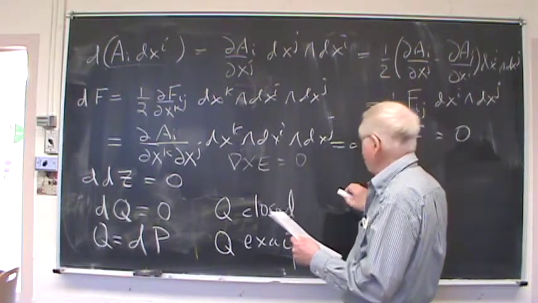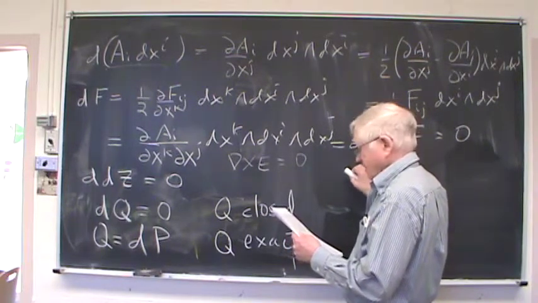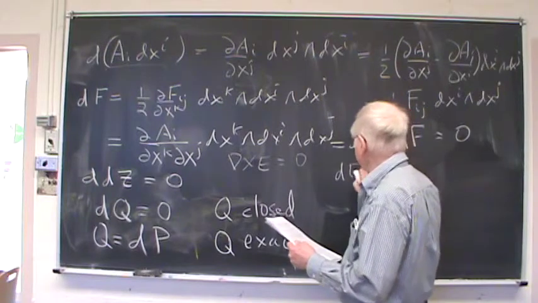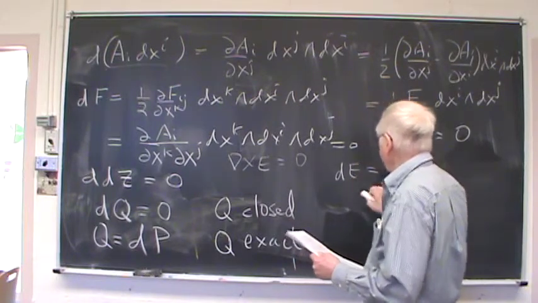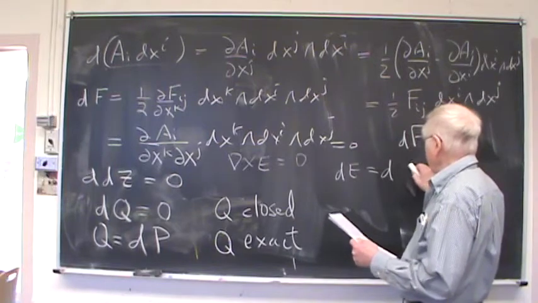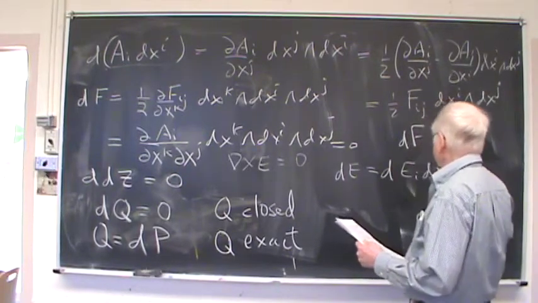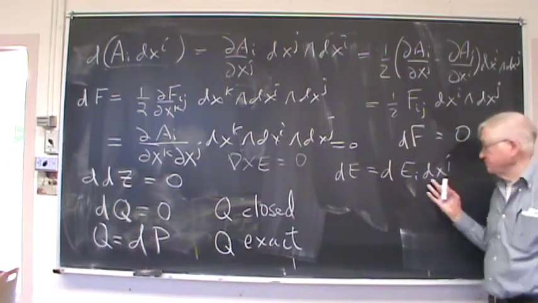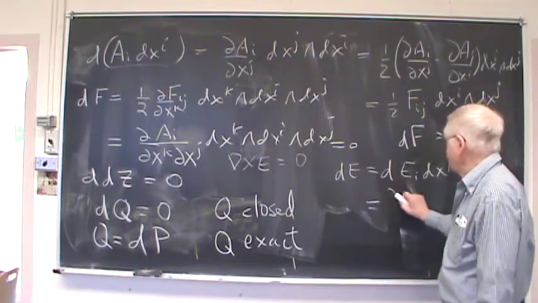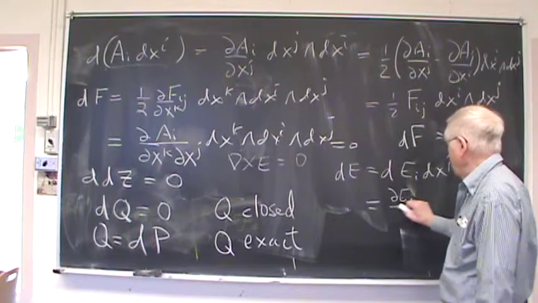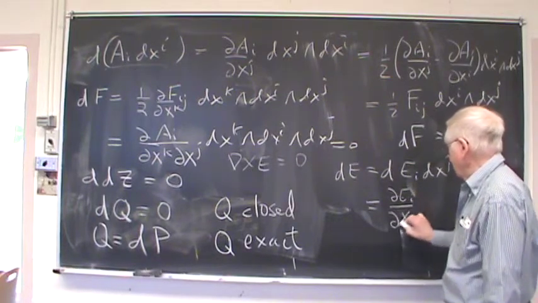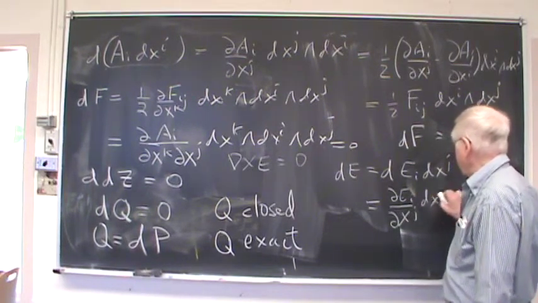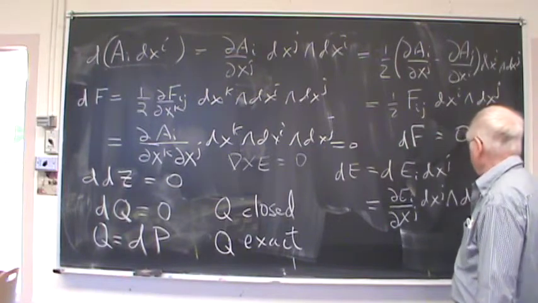What we can do is say that dE, E being a one form, E equals E_i dx^i, where i goes from 1 to 3 here. So dE is partial_j E_i dx^j wedge dx^i.